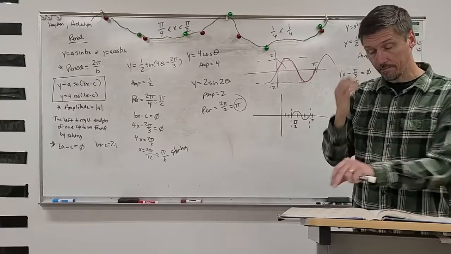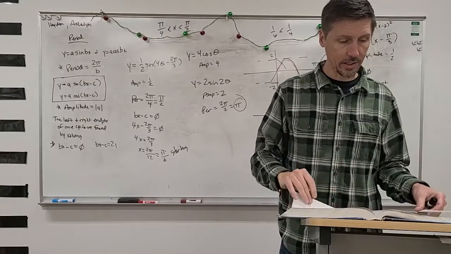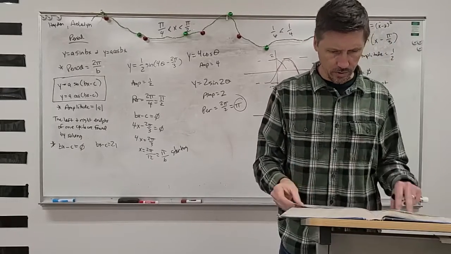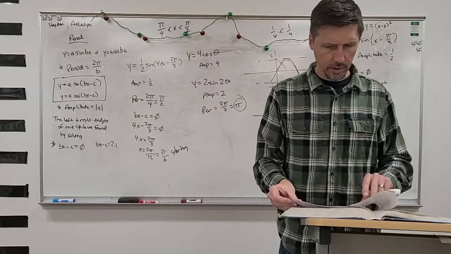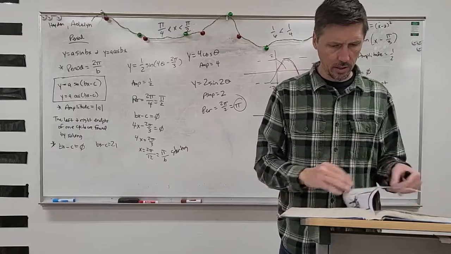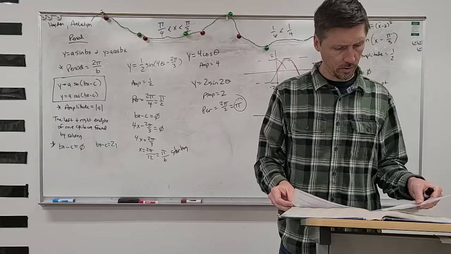All right. So section 4.6 is the exact same thing. Let me see what it is. I feel like there was something I needed to mention about cosine and sine in that first one.